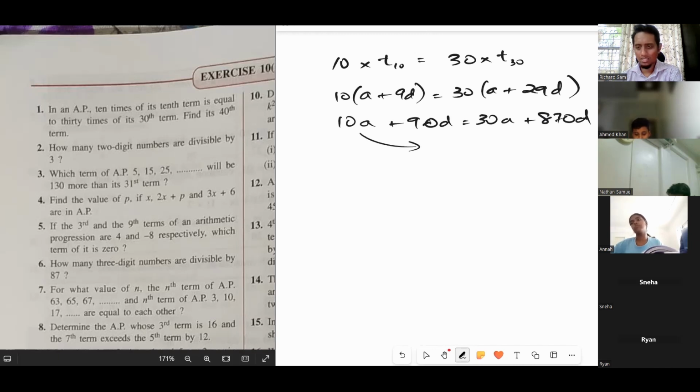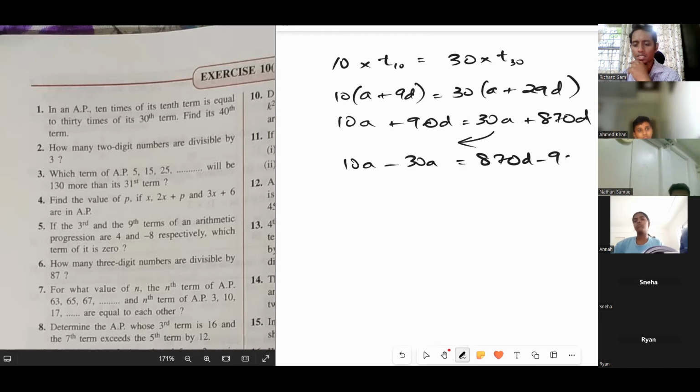So take all the A terms to one side. Okay, let's take this. So 10A minus 30A. Wait, it doesn't look like this will work. 870D minus 90D. That's minus 20A is equal to 780D.